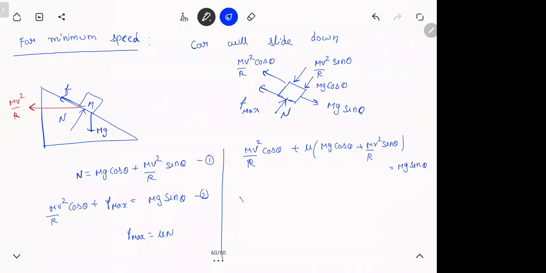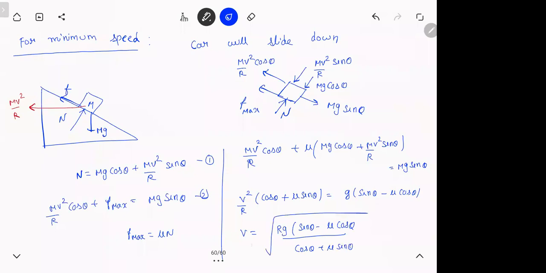Bring all these to one side, and m got cancelled. This is your minimum speed. You can't go anything slower than this.